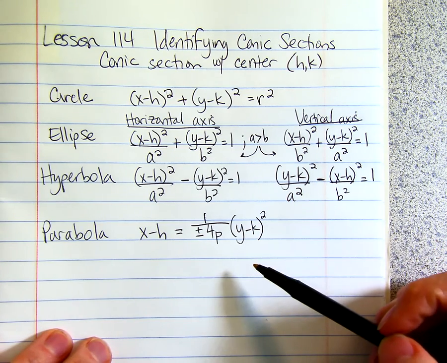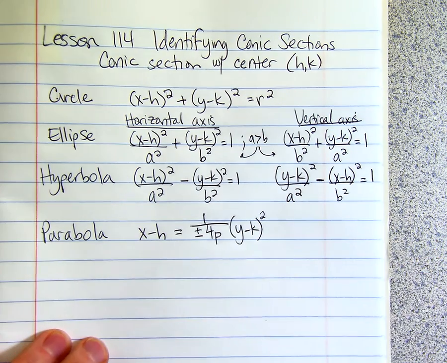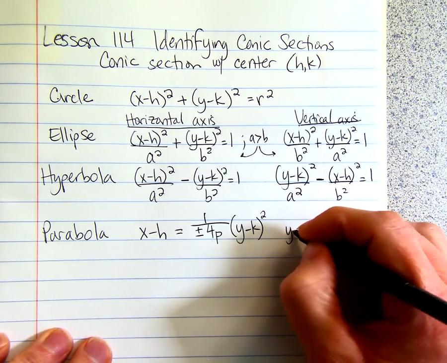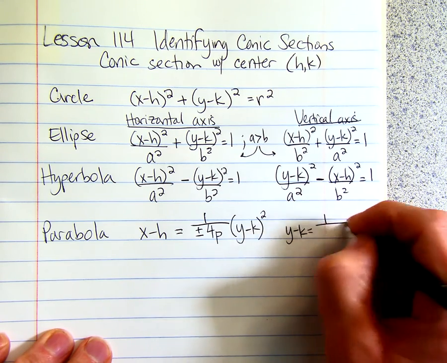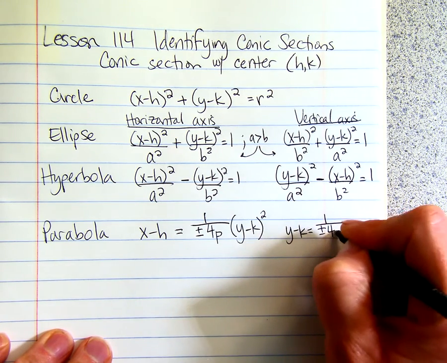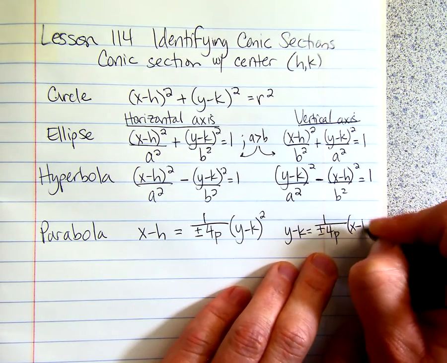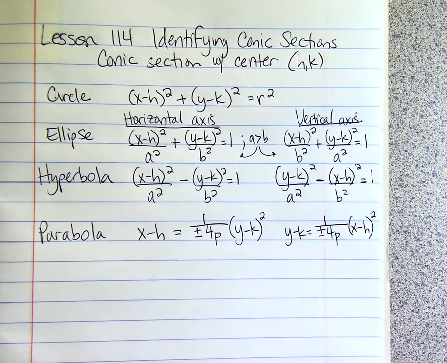That's a parabola. That's really cool. That's with the horizontal axis, and then this one is vertical: y minus k equals 1 over plus or minus 4p, (x minus h) quantity squared.